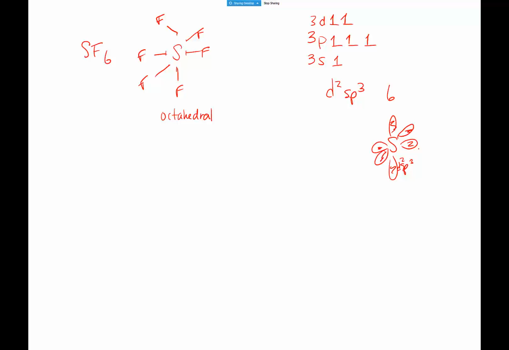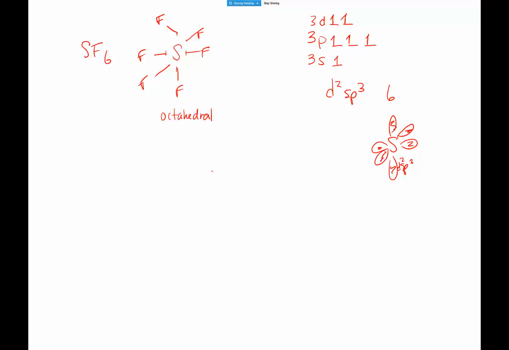Phosphorus only has one less electron, so phosphorus, the max it can do is dsp3. It can't do d2sp3. Sulfur can do d2sp3. It's got an extra electron. So sulfur can do sp3, dsp3, and d2sp3.